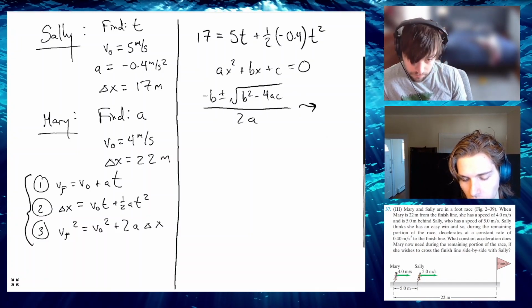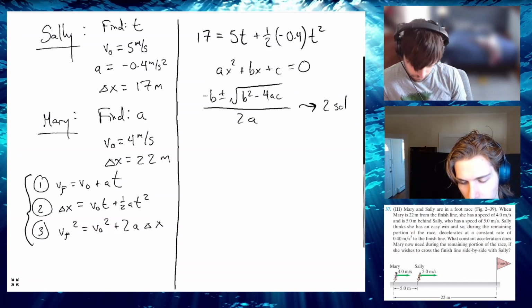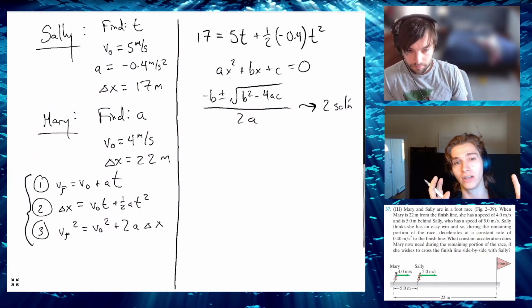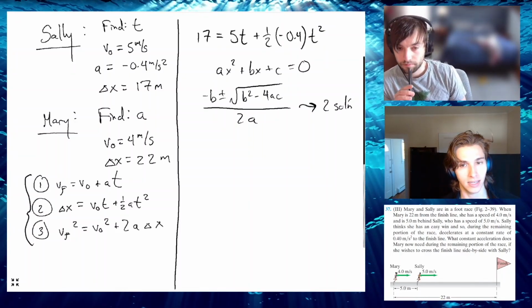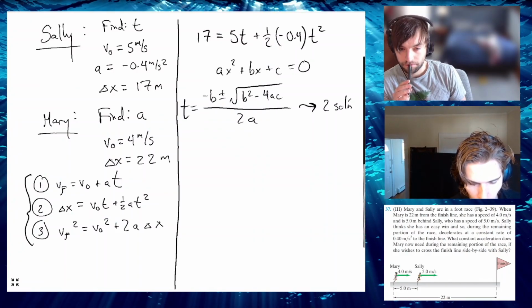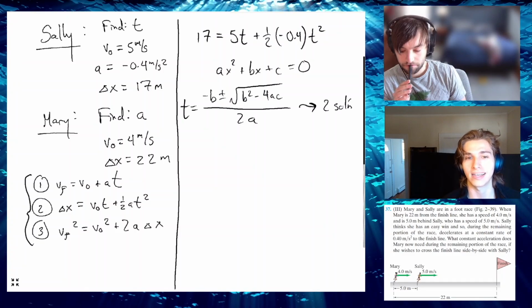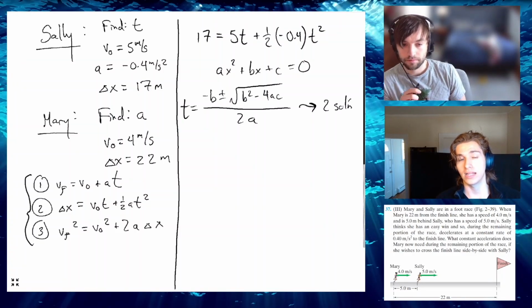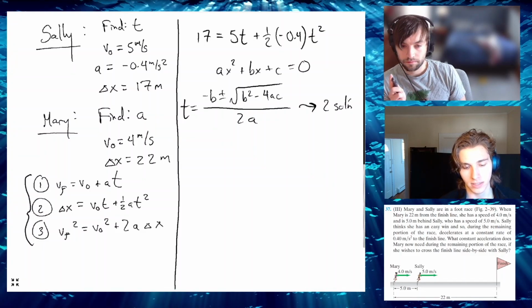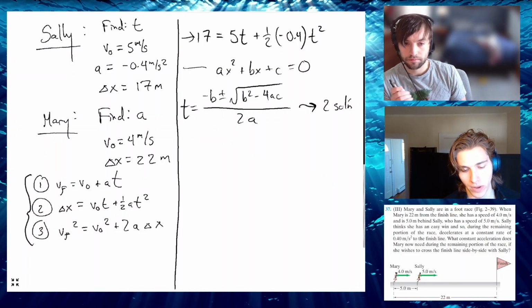And this will give you two solutions for your time in this case, because time is the variable. So you replace x with t. Normally it's x equals, but in this case I could just put t equals.